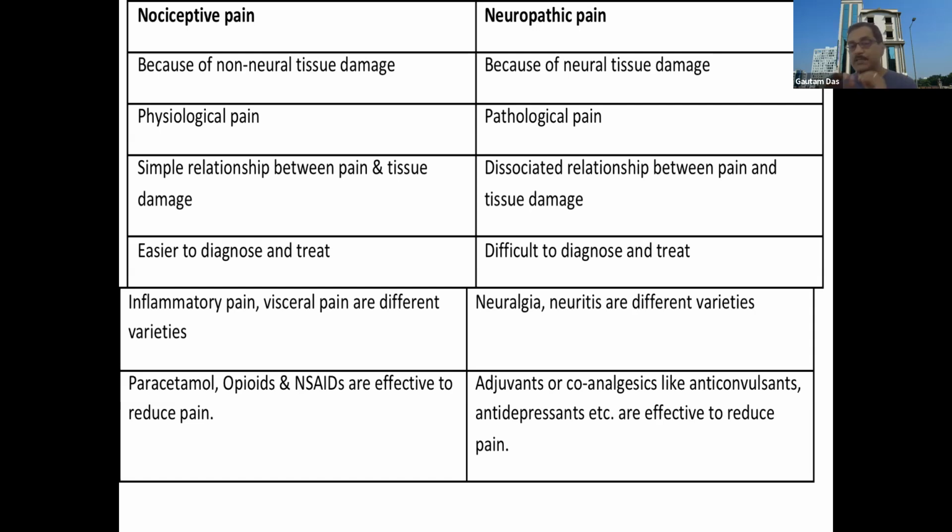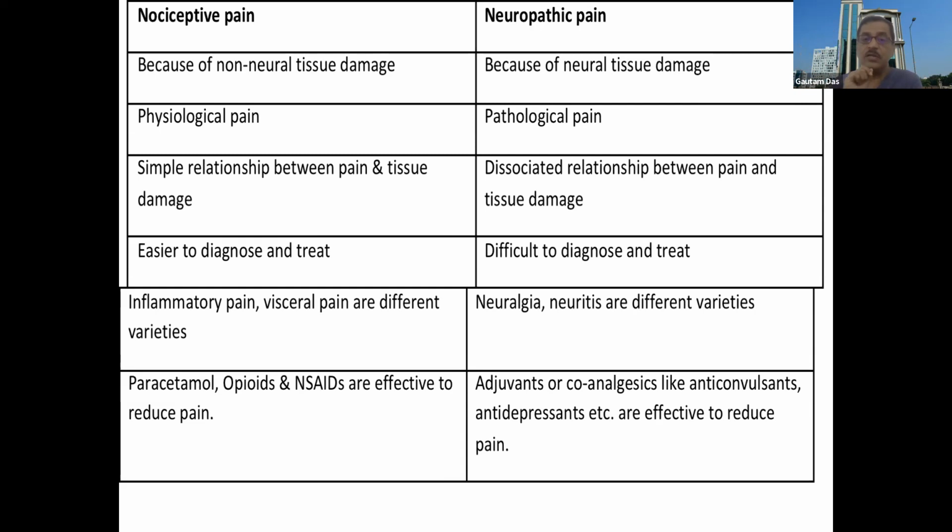Neuropathic pain is a broad basket, a broad term. Whenever there is damage or dysfunction of the nerve that creates pain, that is neuropathic pain. And neuralgic pain means a pain limited within the anatomical boundary of a particular nerve.